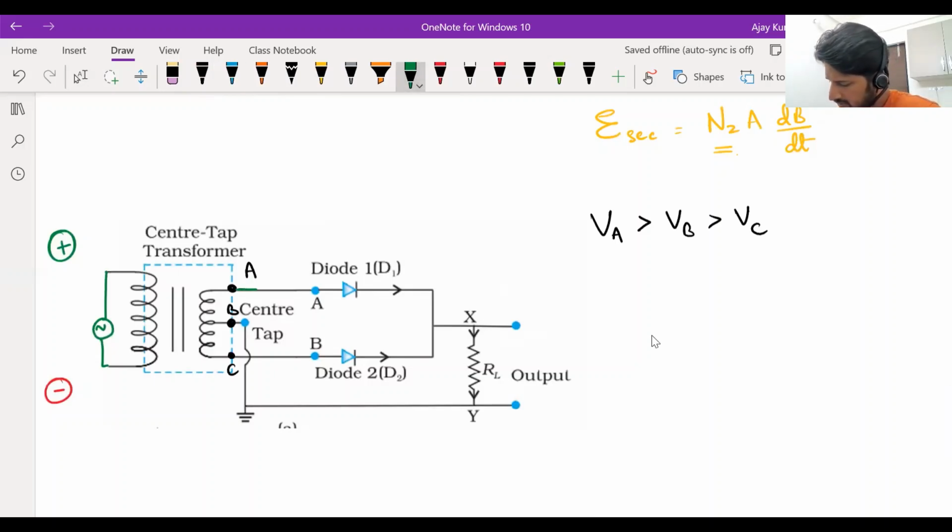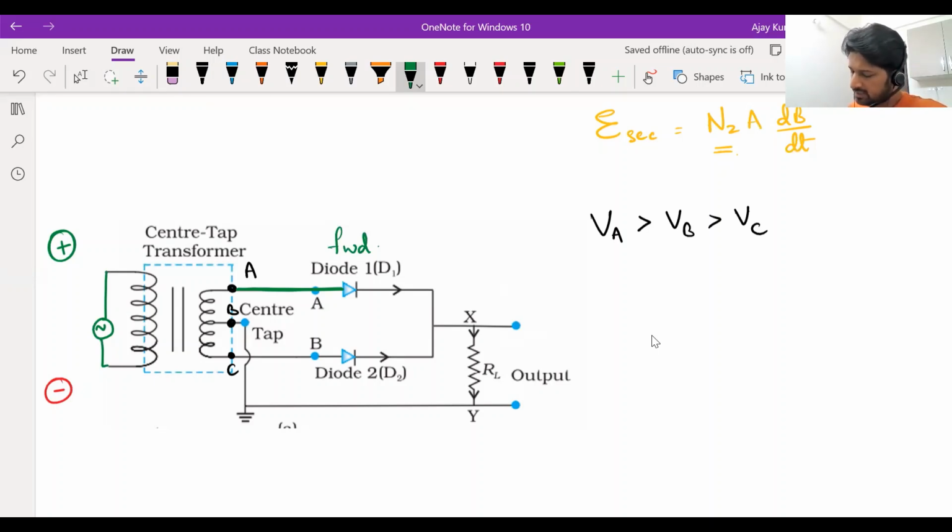Among all 3 points, A is at the highest potential, and the other end of the diode, to what is it connected? It is connected to C. Now you know A is at higher potential compared to B and C. So that makes this diode forward biased. Now you see the diode D2.